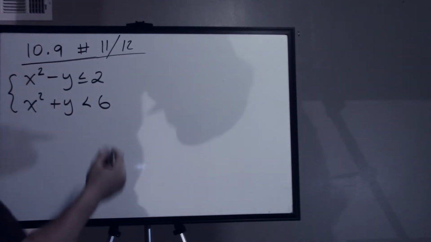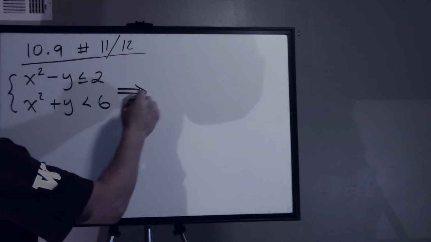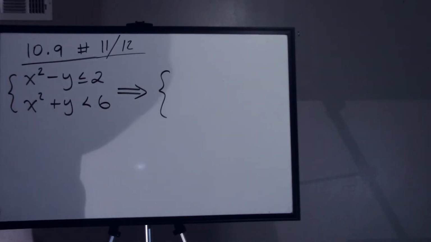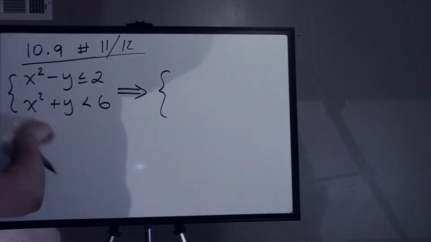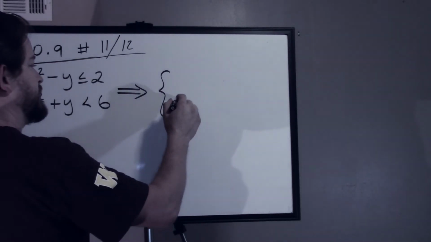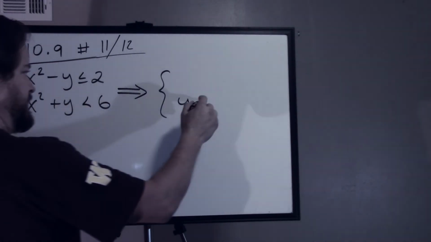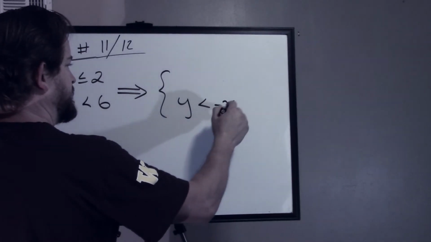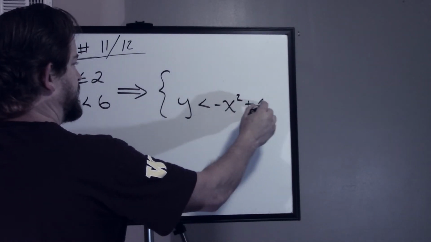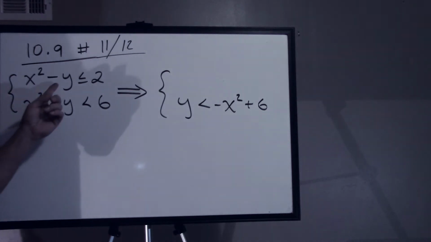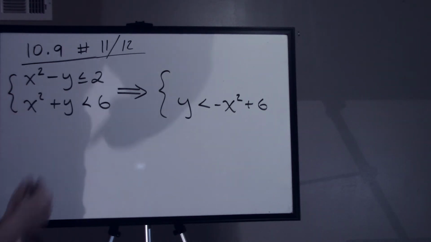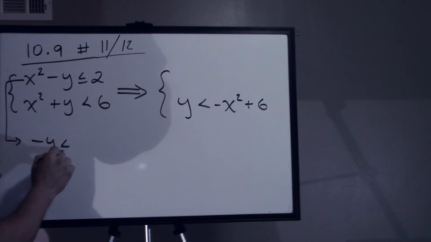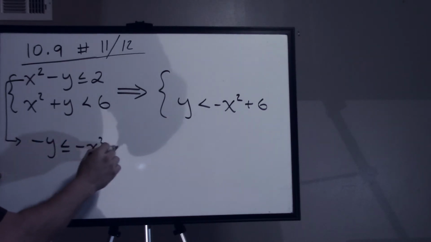Okay? Now if it were me, I would change this just because I like the way it looks to have the y isolated on the left hand side. So the bottom one's easy, I can just subtract x squared over, so this is y, I keep the same sign as less than negative x squared plus 6. That one's easy. This one over here, to isolate your y, you would have to subtract your x squared, giving you minus y is less than or equal to negative x squared plus 2.